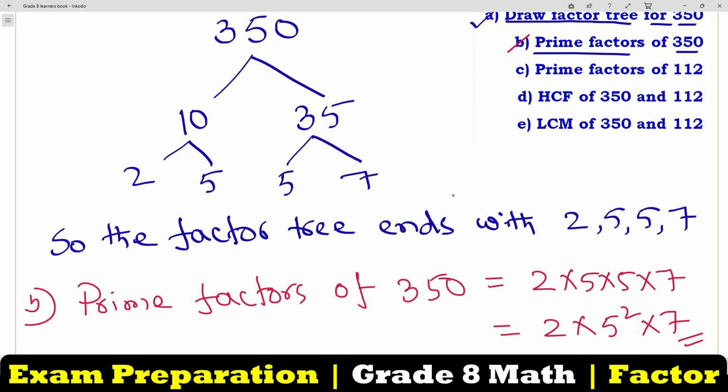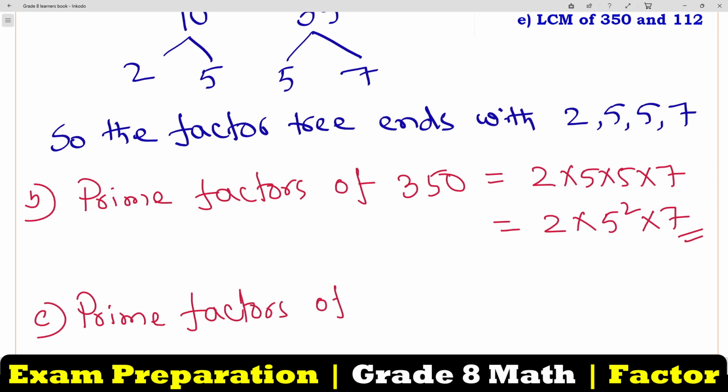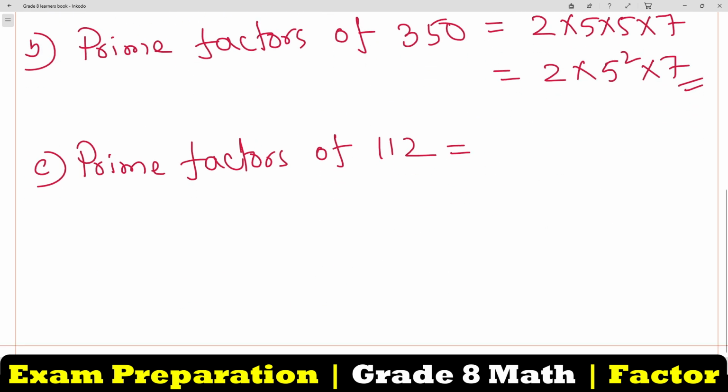Number B done. Number C, prime factors of 112. How can we write this one? Look, 112, if we divide by 2, we get 56.